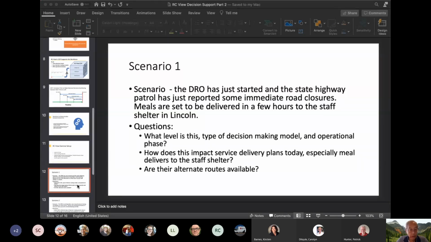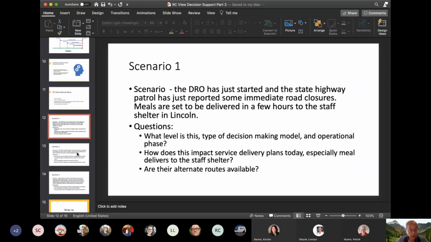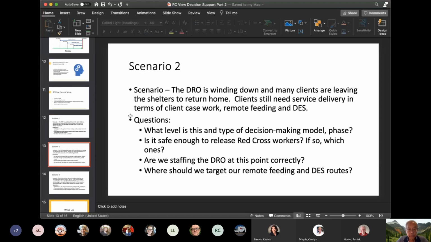All right, so let's go on to scenario 2. In this scenario, the DRO is winding down, and many clients are leaving the shelters to return home. However, the clients still need service delivery in terms of client casework, remote feeding, and bulk distribution.